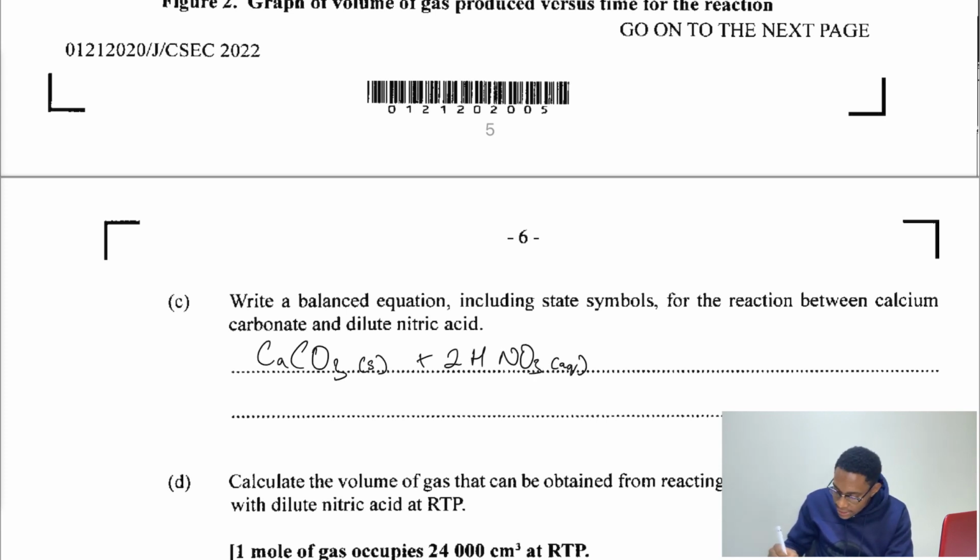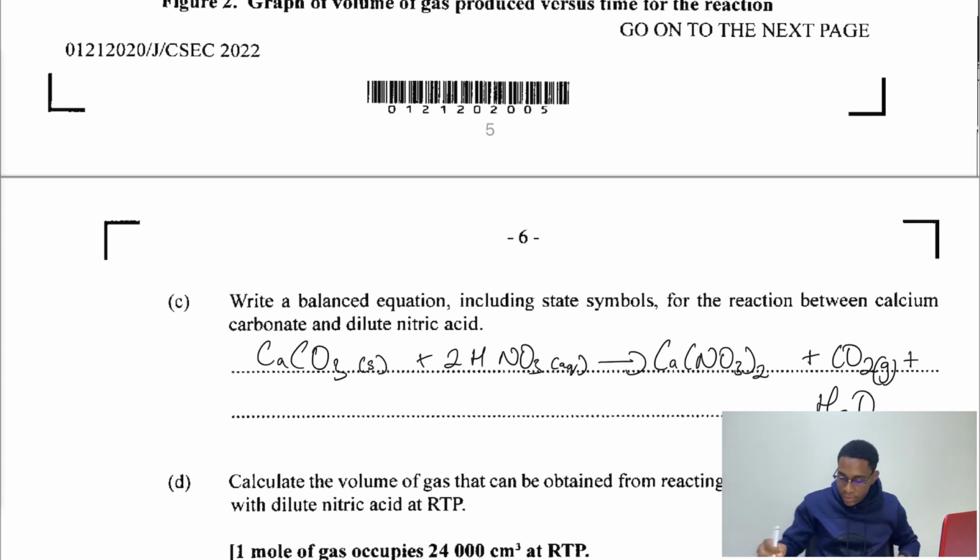Then we have calcium nitrate. So the reaction produces calcium nitrate, and we have the gas, carbon dioxide, and H2O, which is liquid.